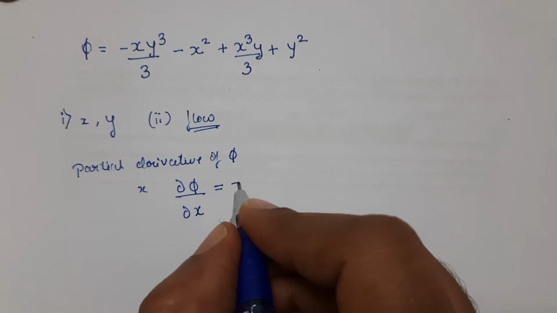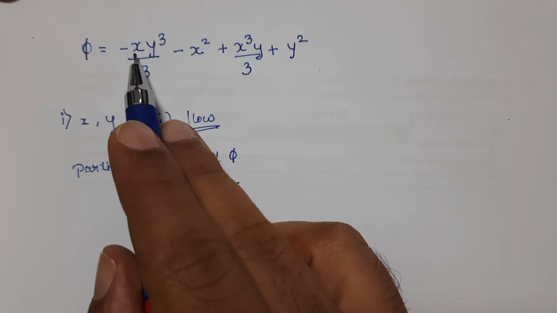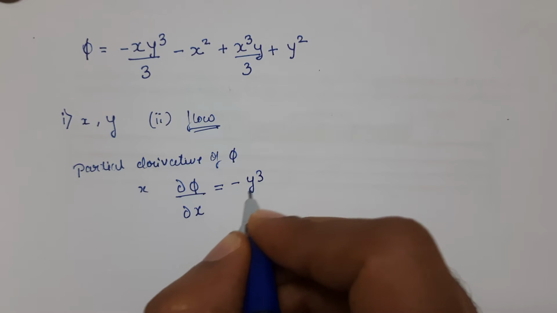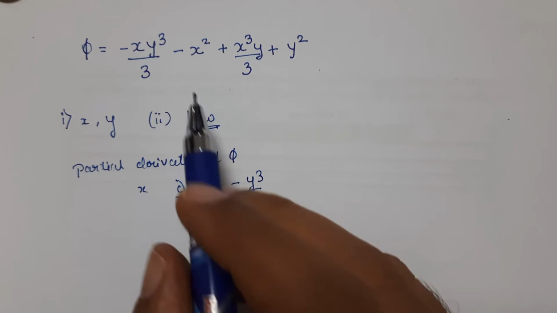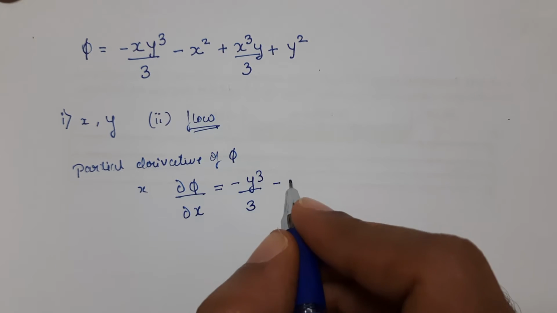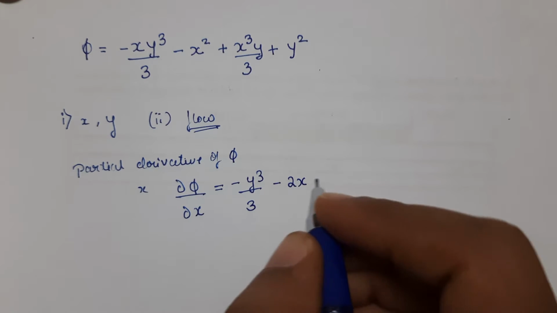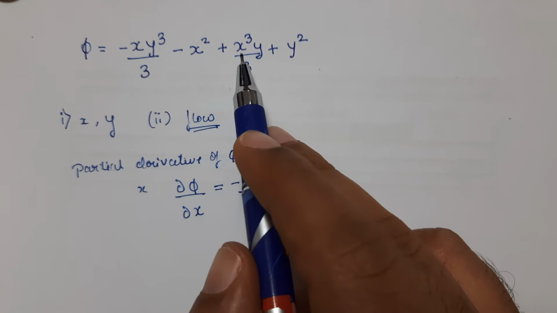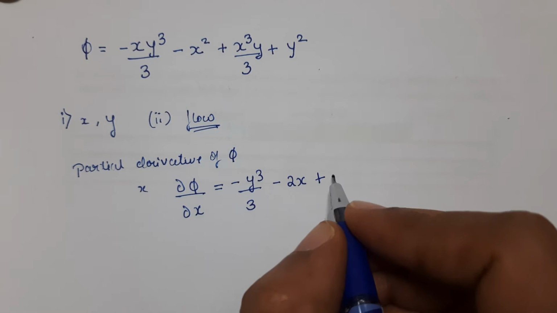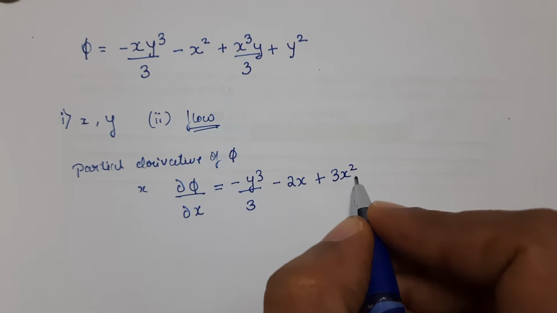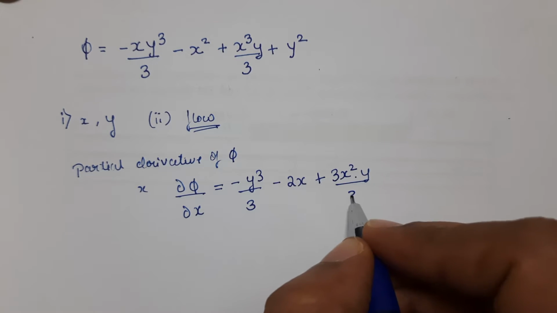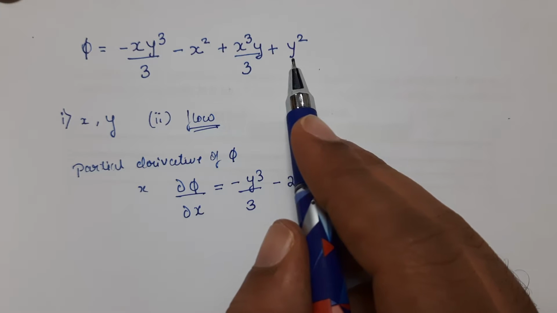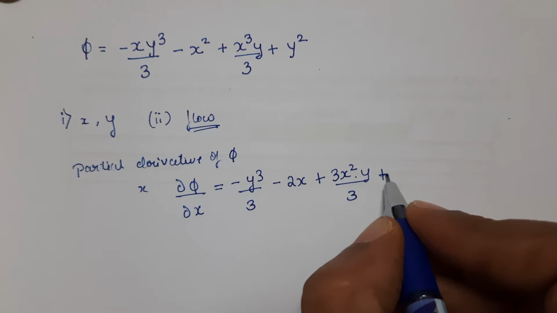What we get here is minus, differentiation of x is 1, so y cube by 3, differentiation of x square is minus 2x, plus differentiation of this particular one is 3x square, 3x square by y by 3 plus this thing, it is 0 since there is no x component here, so we'll write it as 0.